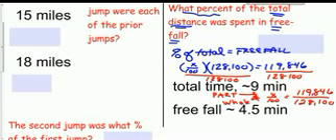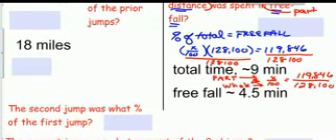Again, the whole, when we're talking about percent, is always 100, equals the part over the whole. And since we wanted the total distance to be the thing I'm taking a percent of, that tells me this is the whole amount. And I want to know what percent was free fall, so that tells me that the free fall is the part that I'm finding as the percentage. So that's how I know I'm going to set it up this way.